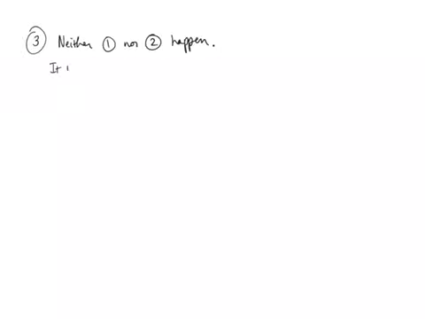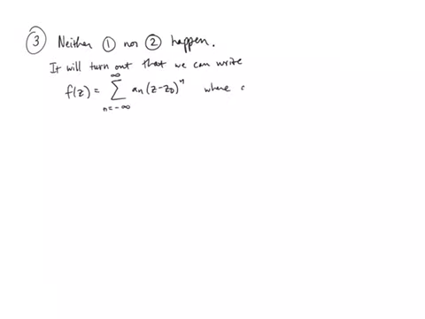It will turn out in this case that you can write f of z equal to the sum of a_n times z minus z naught to the n, from n equals negative infinity to infinity, where an infinite number of the a sub negative j's, for j bigger than 0, are not 0.